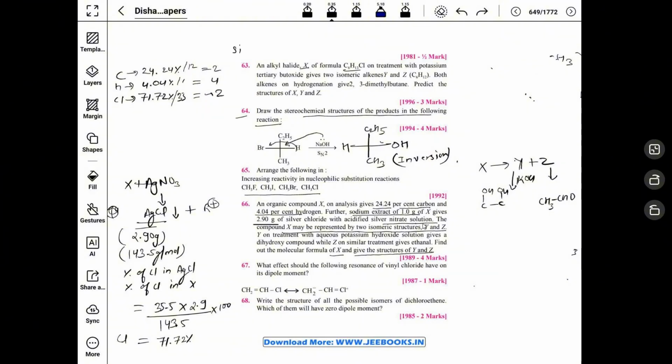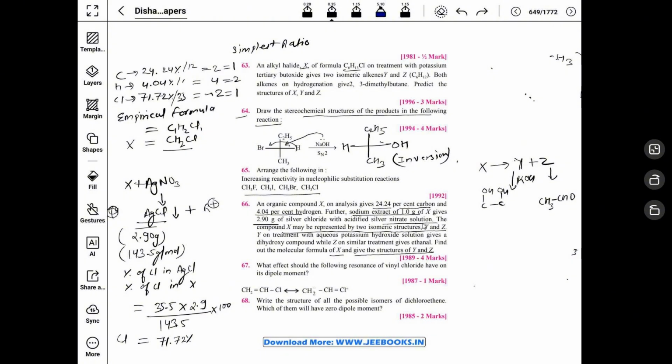Then the simplest ratio will be 1, 2, and 1. So the empirical formula will be 1 carbon, 2 hydrogen, 1 chlorine, that is CH2Cl. Okay, so we determined the empirical formula of X.